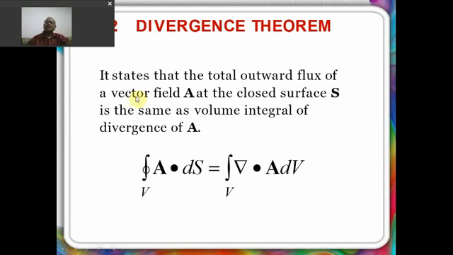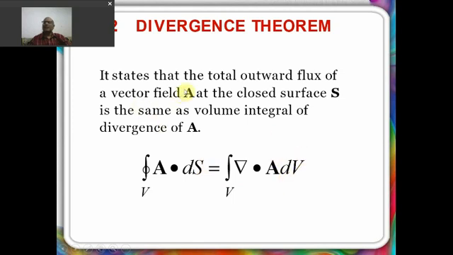Here A dot dS is the total flux around the closed surface, and that equals the integral of del dot A dV. This del dot A is basically the divergence part, and this is the volume integral. So this equation relates a surface integral to a volume integral.